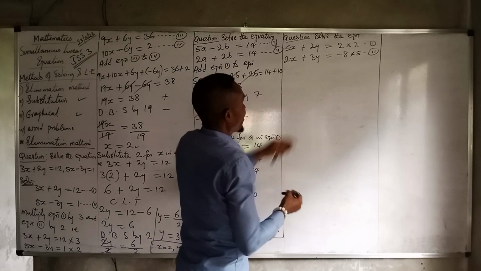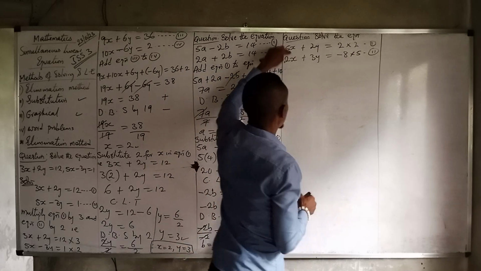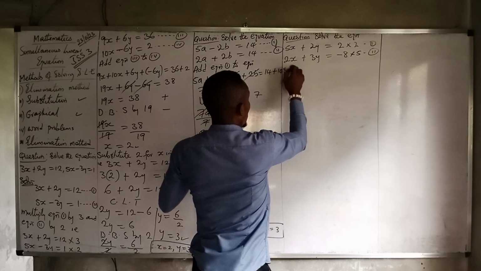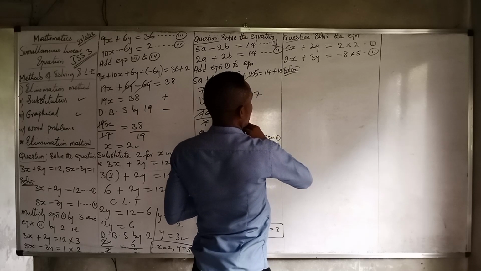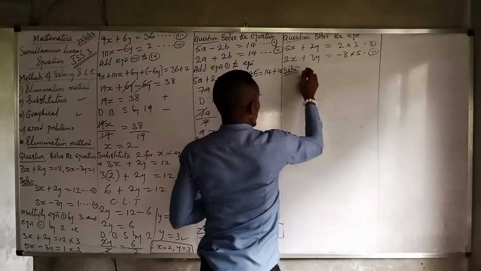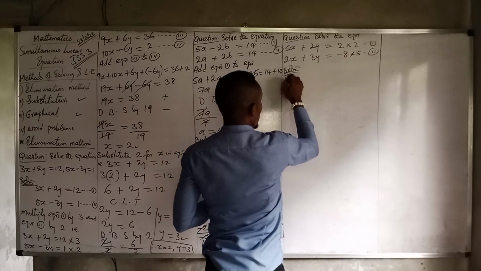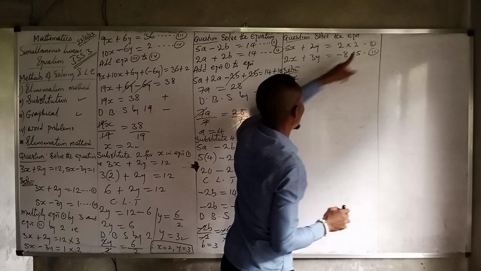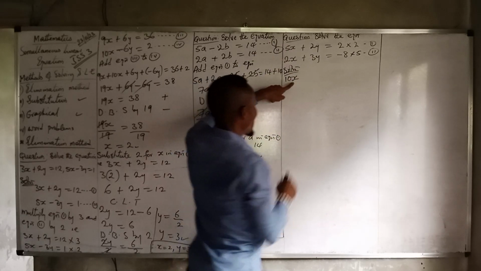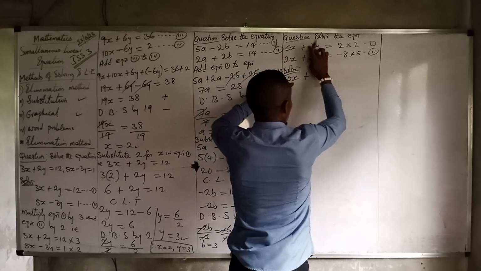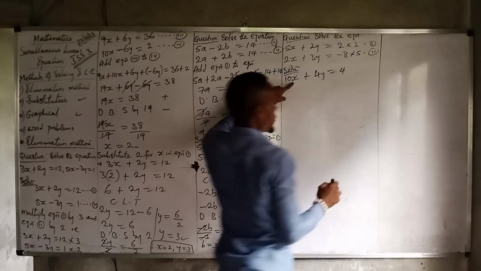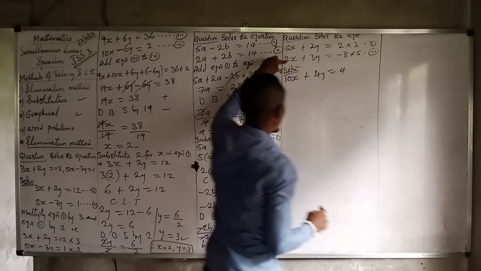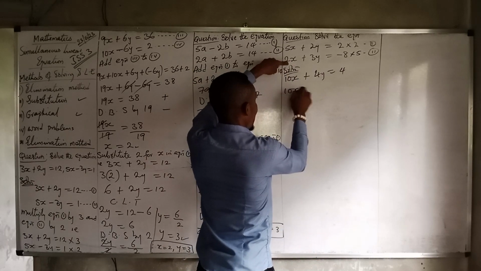Equation 1 times 2: 2 times 5x gives me 10x, plus 2 times 2y gives 4y, equals 2 times 2, which is 4. Now equation 2 times 5: 5 times 2x gives 10x.